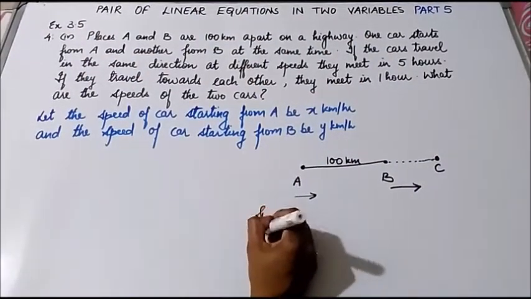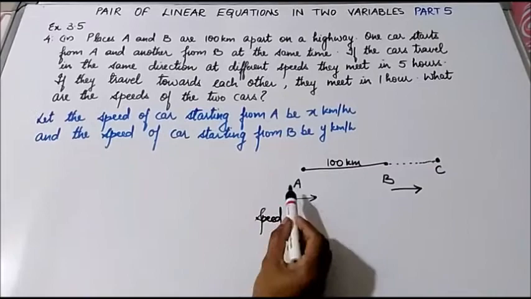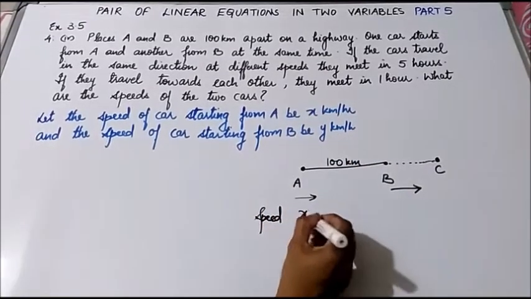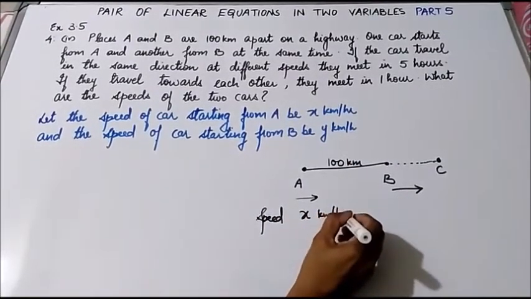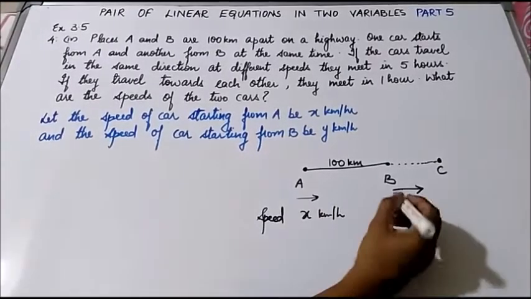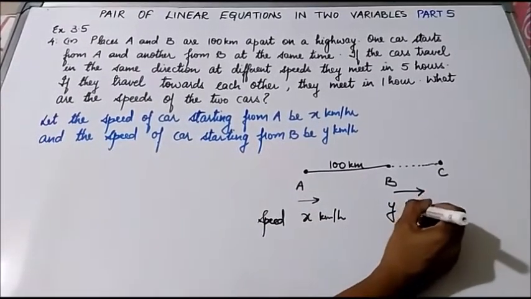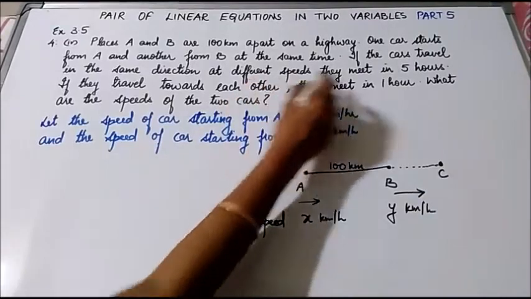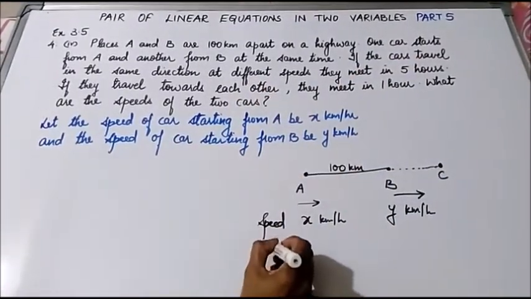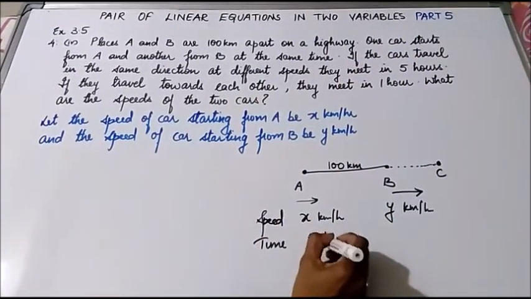Speed of the car starting from A we have assumed to be x kilometers per hour, and speed of the car starting from B we have taken as y kilometers per hour. The time taken by both cars is 5 hours.